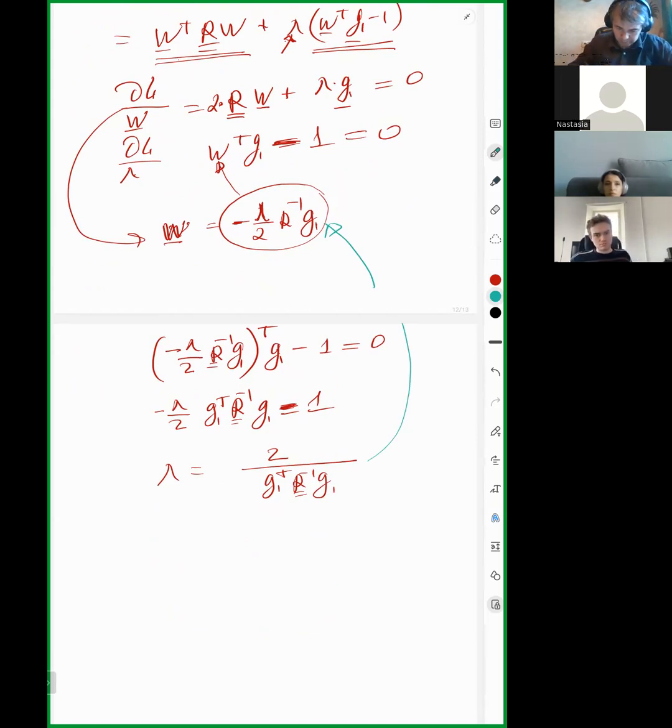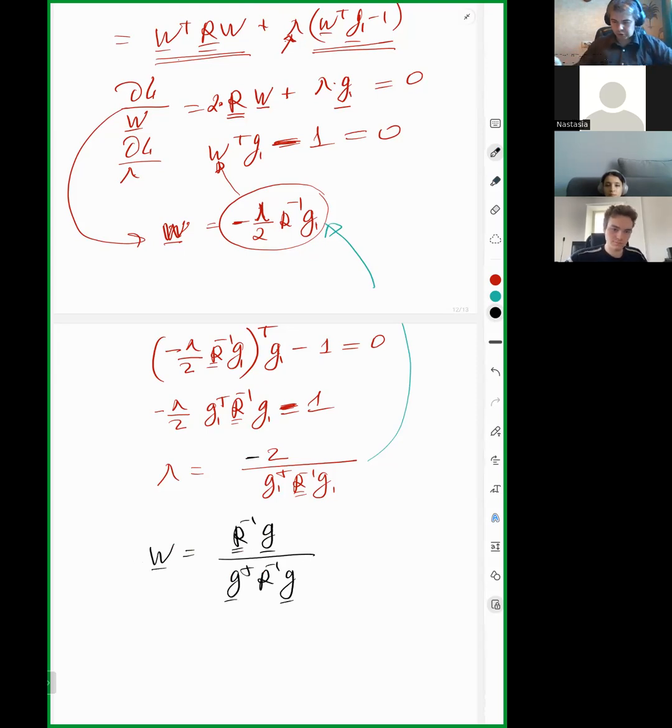So therefore I substitute it here, and you arrive at your w is equal to R^-1 g, minus, I forgot the minus here, because minus is here. R^-1 g divided by g transpose R^-1 g. Vector, matrix, matrix, vector.